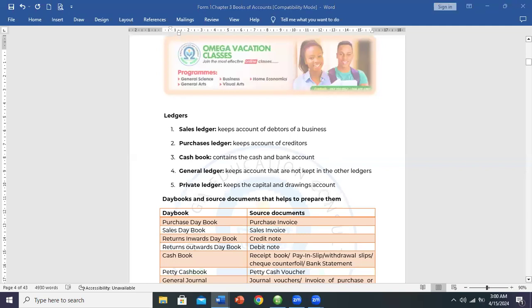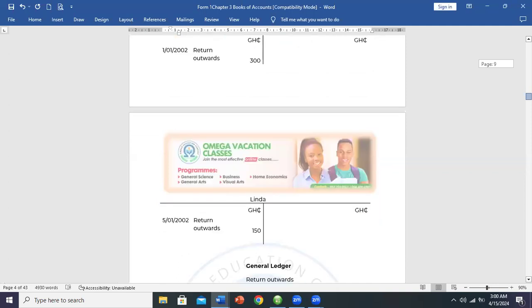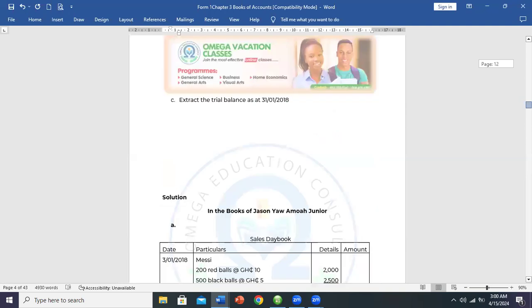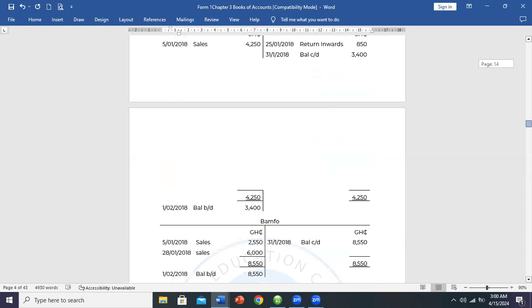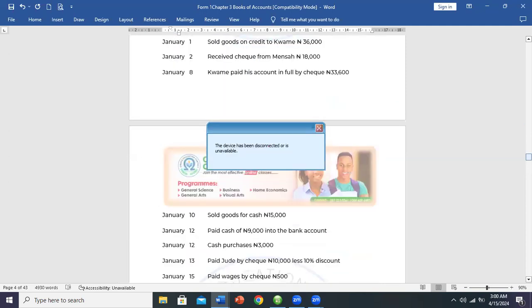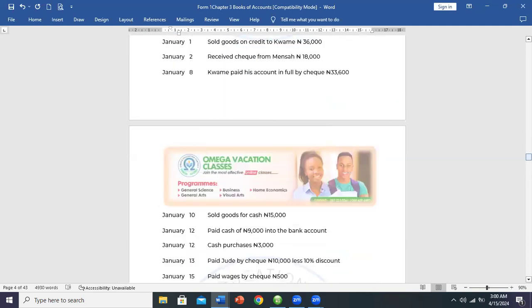Okay, so let's get this question up and running. Okay, this one is a bulky question. Let me see if I can get a smaller question for all of us.